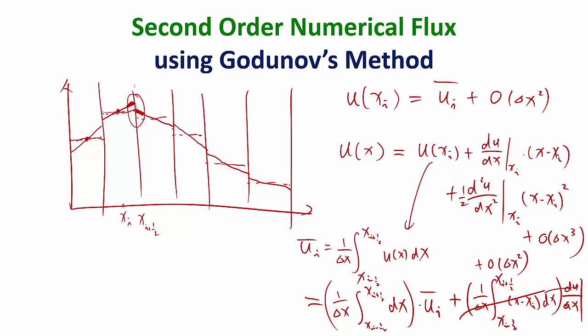Good. So now we know we have a second order approximation of the value here, and a second order approximation of the value here. We want to extrapolate the value here to second order. Second order approximation is basically a linear approximation. We can draw a straight line here and get the value here.